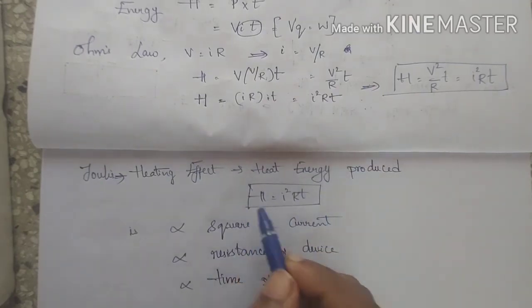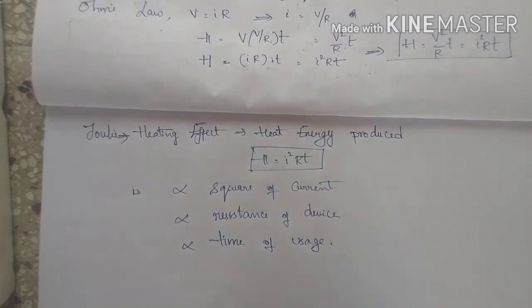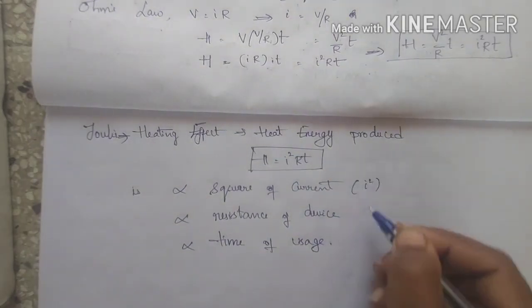So H is equal to I square RT will give you the thermal energy produced by the resistance with the flow of current in a time T.